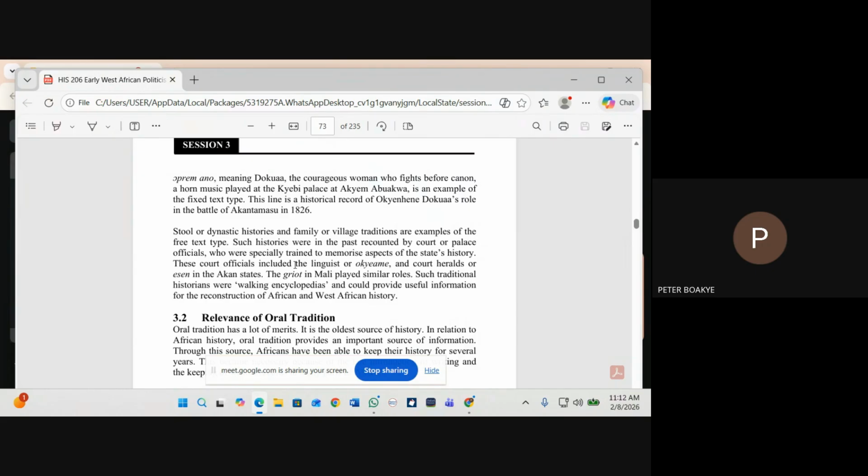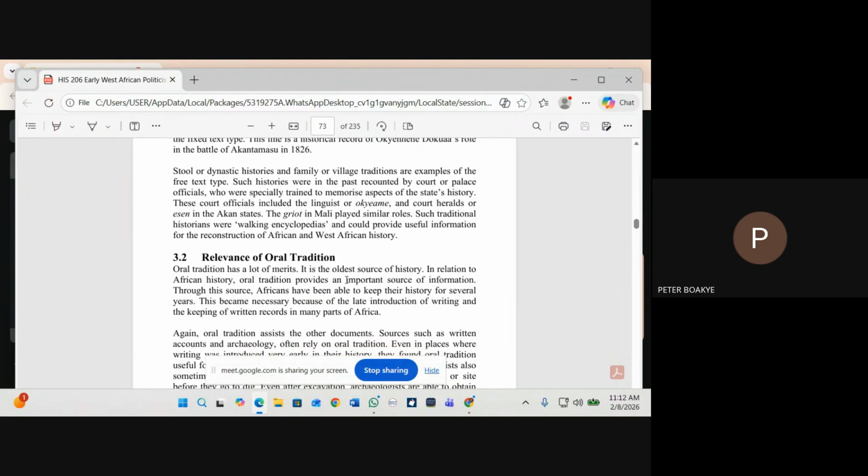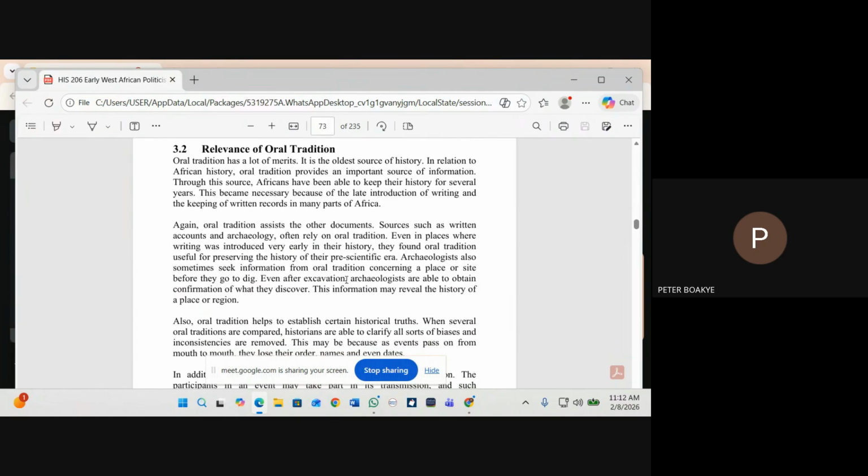They narrated or recounted them. These court officials included the linguists or spokesmen and the court horn blowers, and the griot in Mali. So these are the people who recounted the past.